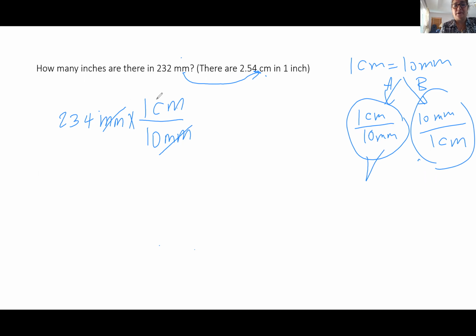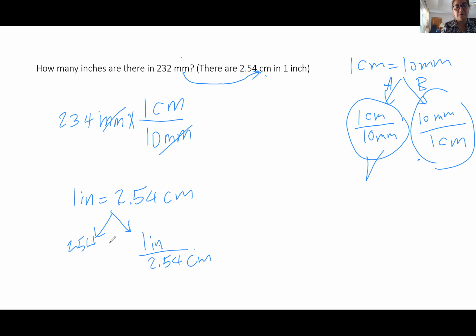So that's not the final answer because we are looking for inches. Now, to find the number of inches, it's 1 inch equals 2.54 centimeter. Again, we have two possible conversion factors from one equation. One is 1 inch over 2.54 centimeter. The other one is 2.54 centimeter over 1 inch.